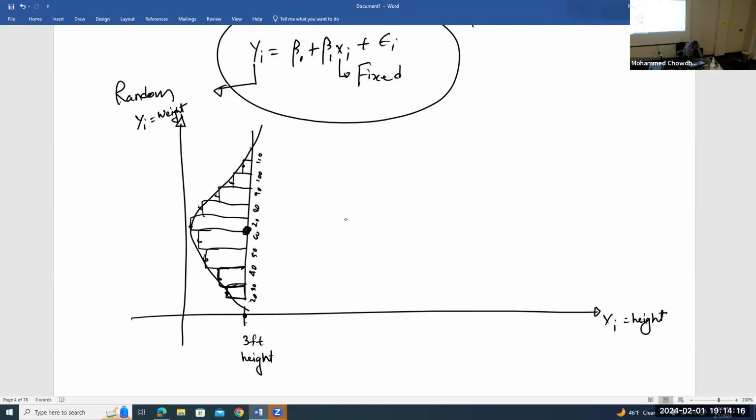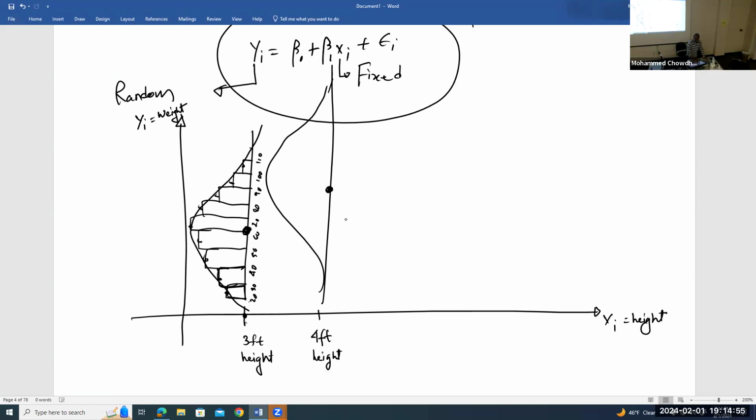Now I want to move to the height of 4 feet. Again at 4 feet, I can get another distribution like that. I did not construct any histogram here. I just put a smooth curve by joining the top middle points. I got another one here, and this is the mean.